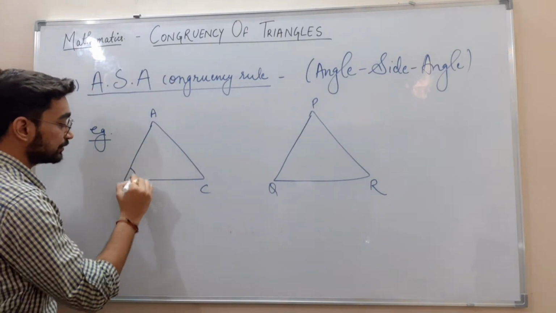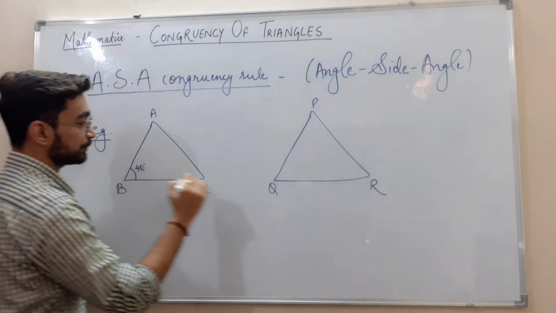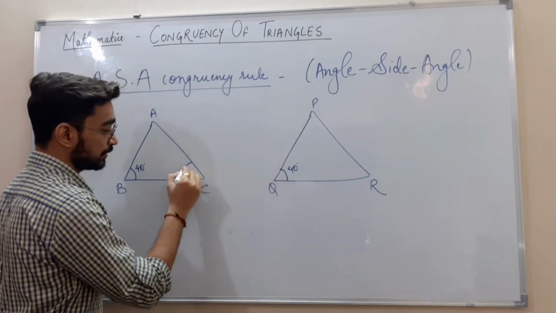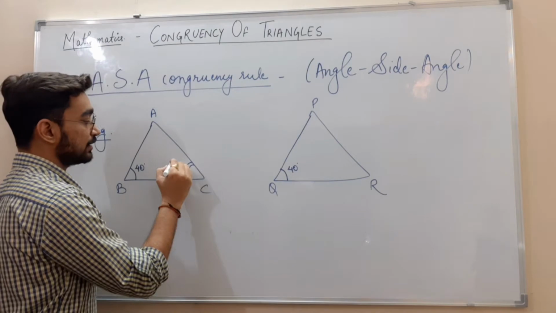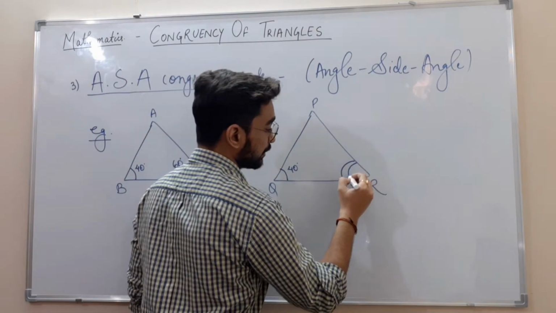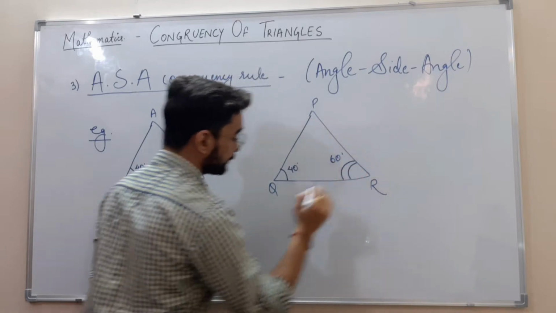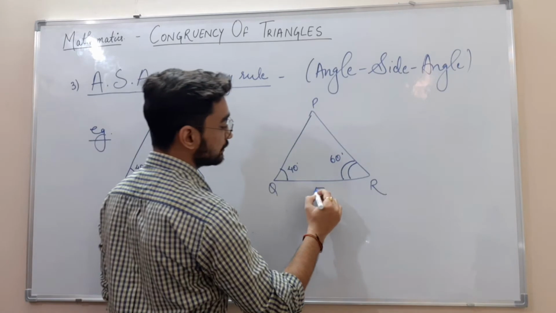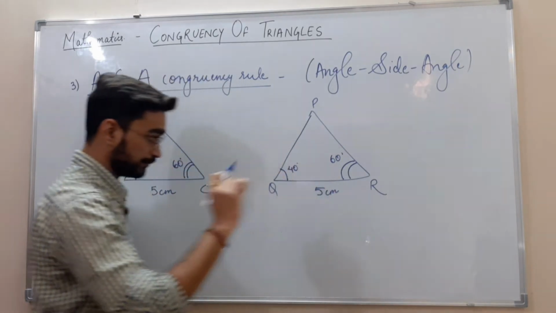This angle is 40 degrees. This angle is 40 degrees. This angle is 60 degrees. This angle is 60 degrees. And this side is 5 centimeters given to me. And this side is 5 centimeters given to me.